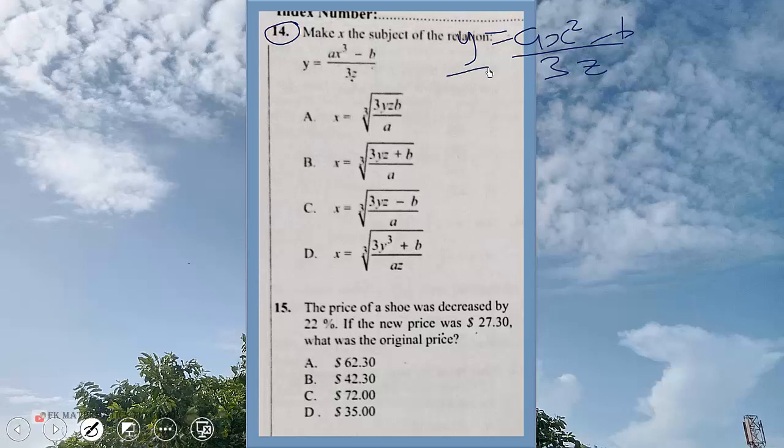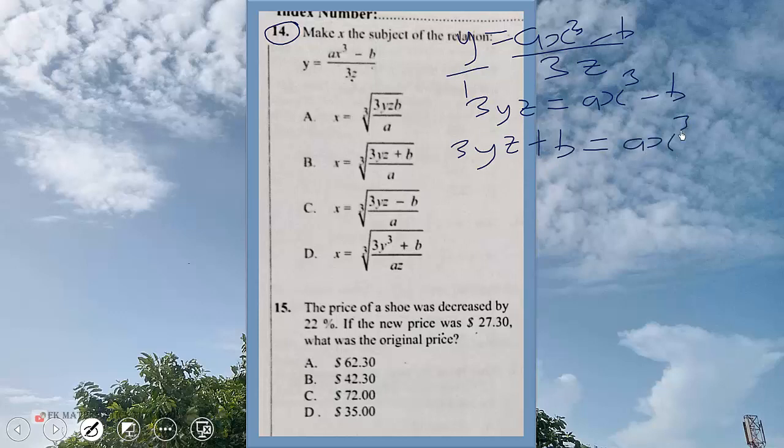So we cross multiply to get 3yz is equal to ax cubed, x cubed not x squared, minus b. So we add b to both sides to get 3yz plus b is equal to ax cubed.